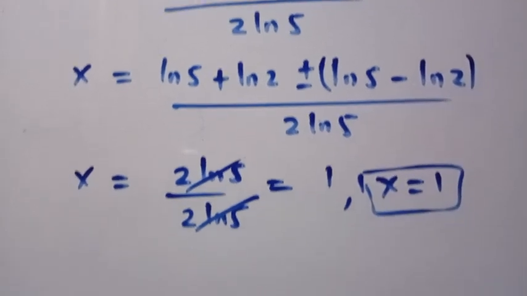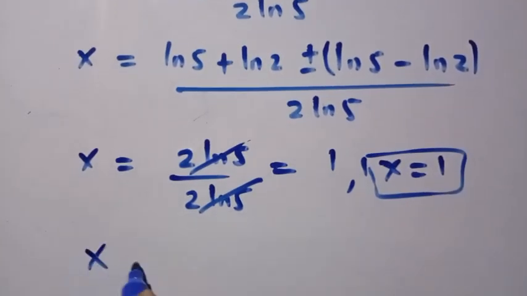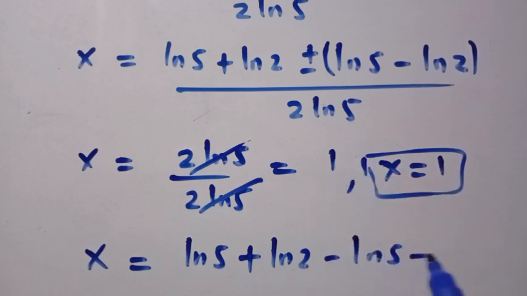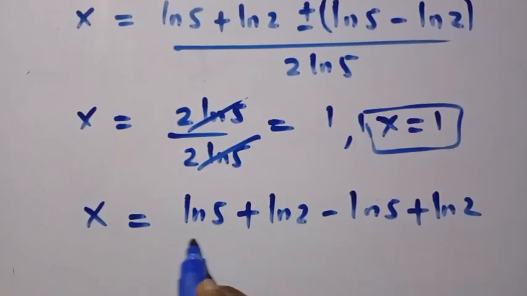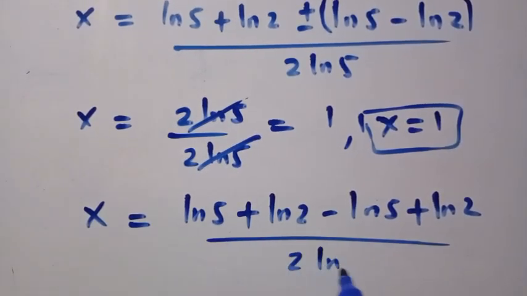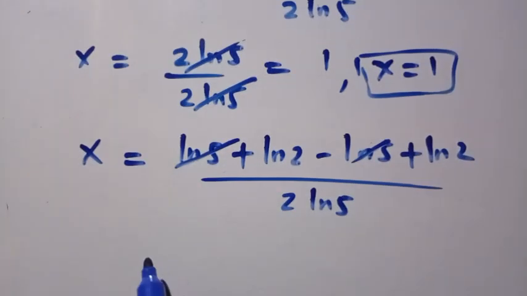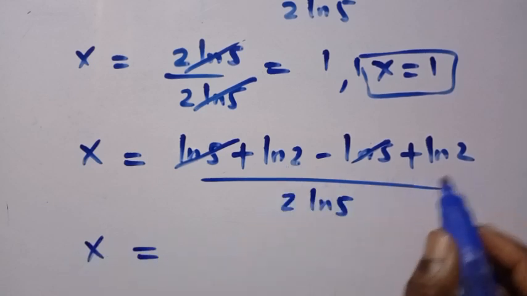And we'll consider the negative part of this. We are going to have x equals ln 5 plus ln 2, then apply negative, we have minus ln 5 plus ln 2, divided by 2 ln 5. Here ln 5 cancels ln 5, and we have x equals ln 2 plus ln 2.